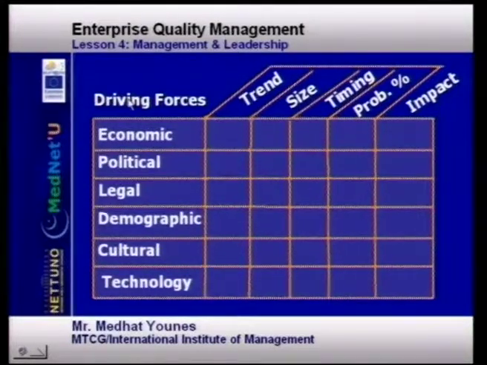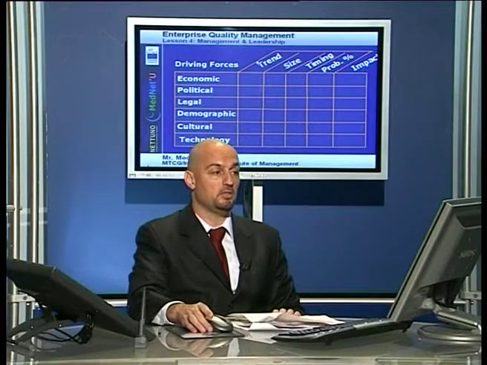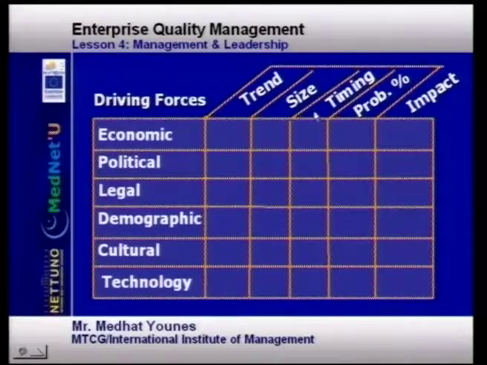The driving forces are economic, political, legal, demographic, cultural, and technological. The parameters used for decision making or for forecasting a trend are the trend, the size of the trend, the timing of the trend, the probability that it will happen, and the impact, how it will impact the market and the business.